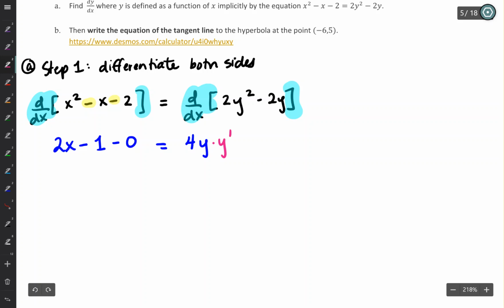Since y is a function of x, I'm multiplying by y prime. Minus the derivative of 2y is 2, again, chain rule, times the derivative of y with respect to x, times a y prime.